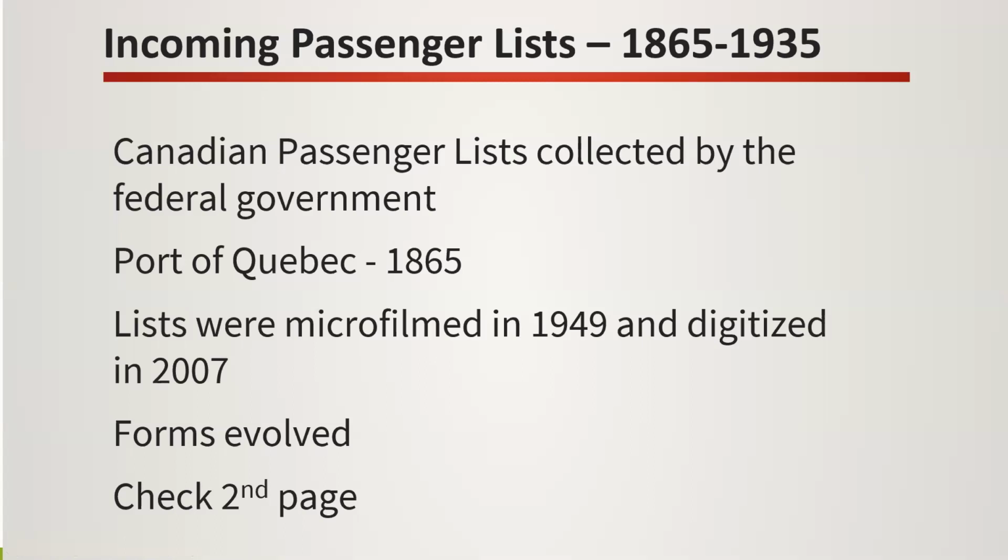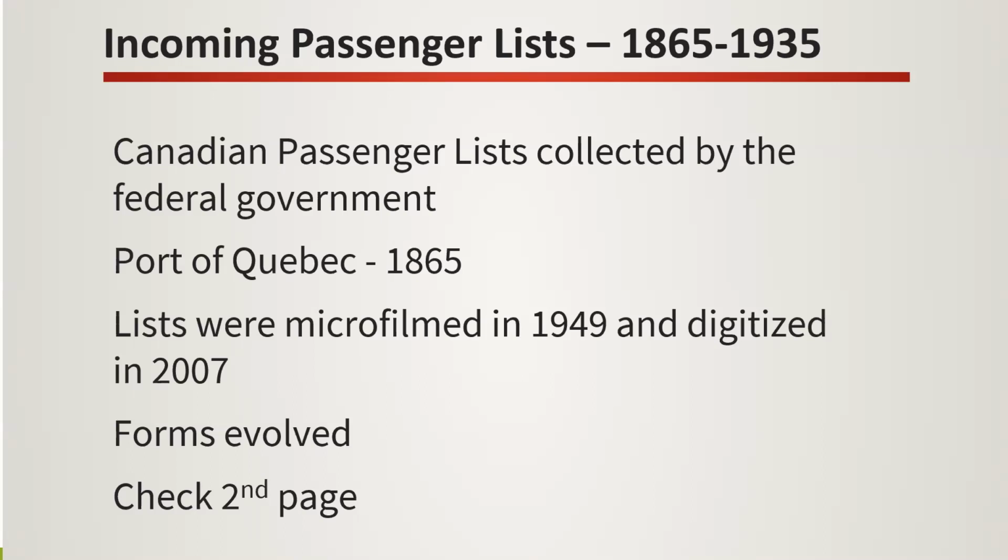Are there passenger lists or some kind of record of people coming to Canada prior to 1865? Yes. They are few and far between, but you will find them in Ancestry, whatever we've got. And after 1935, yes, they are available, not on Ancestry, but again, you would have to apply for an ATIP request through Library and Archives Canada.